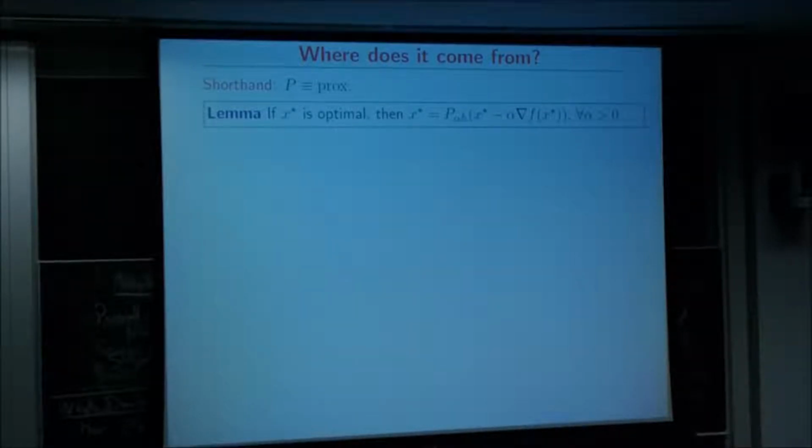Very frequently when I write this, you may assume that this one is differentiable and this one is not differentiable. An optimal point satisfies that optimality equation. I'm using shorthand P for prox.